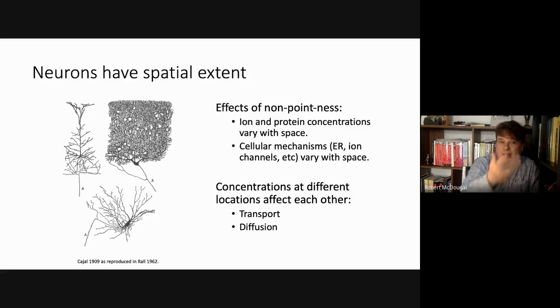Neurons are not points. Here's an example of neurons. These are from Cajal, who was one of the first to actually draw images of what neurons look like. And so these are very much not points. I hope we all agree that these are not points. And what that means is that their concentrations can be different at different points.